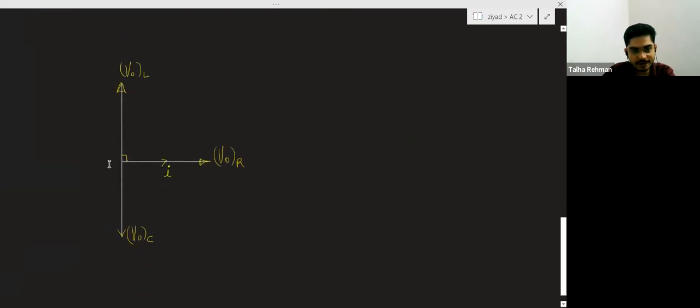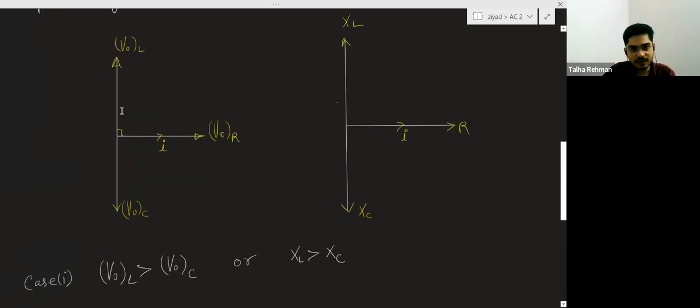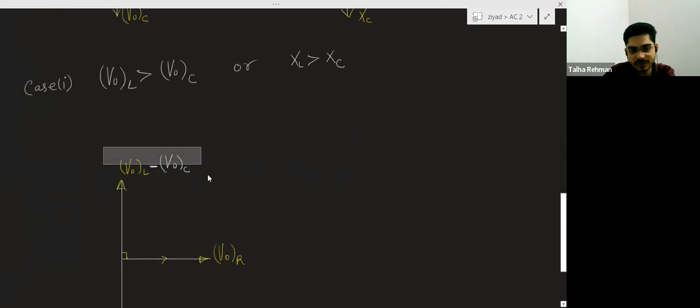I can write this as V naught L minus V naught C. I have just subtracted this value from this value for the resultant voltage.